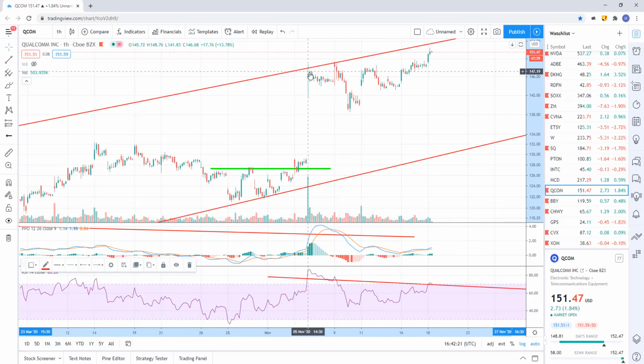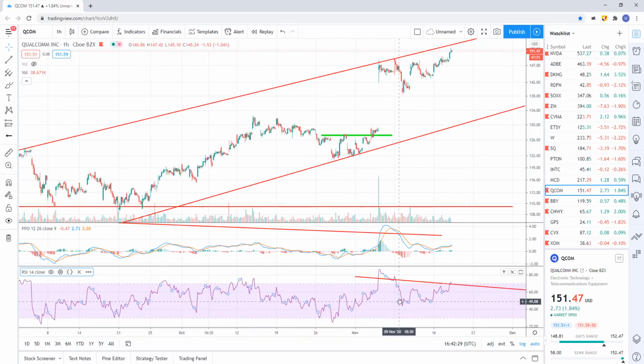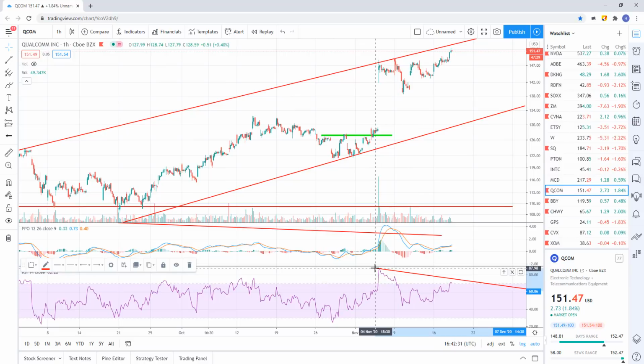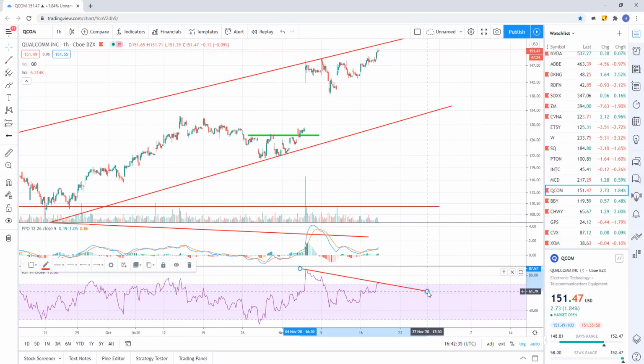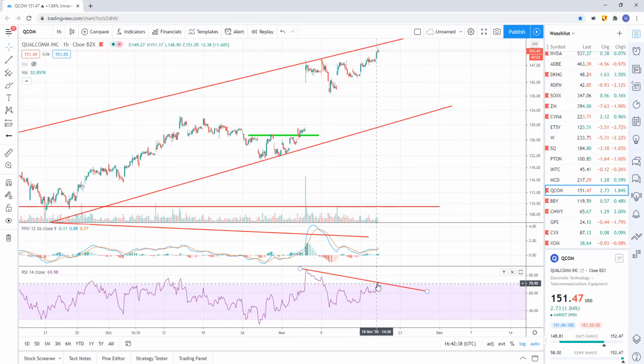You can see we gapped up. This is where we gapped up after earnings, and we're tagging it, selling into it, and we're coming back up to it. If it sells off anytime soon, it is a divergent high right now. So you can see right there, less momentum on the hourly chart and higher price right here.